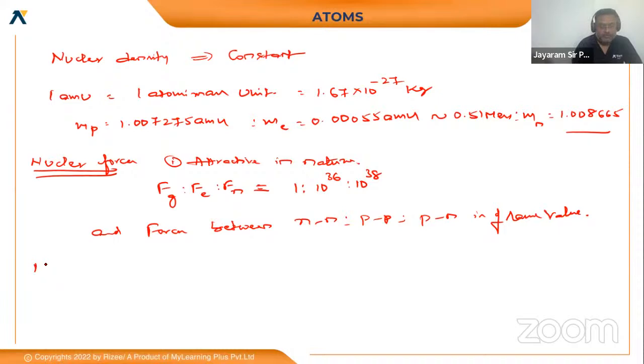Next, I'll go for the mass defect. What is the mass defect basically? It is the difference between the calculated mass and the actual mass.